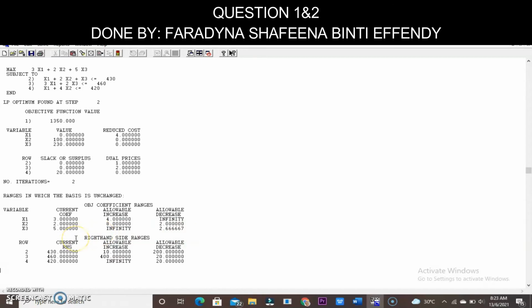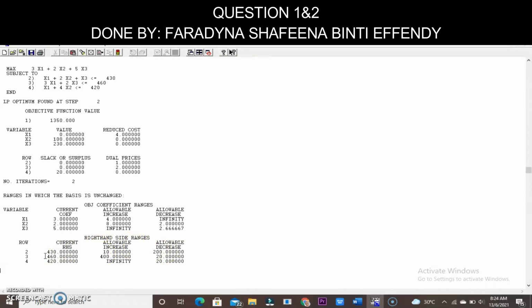And the last one is the right-hand side ranges, which is the feasibility range. Operation A is 430, and the feasibility range is from negative 200 until 10.